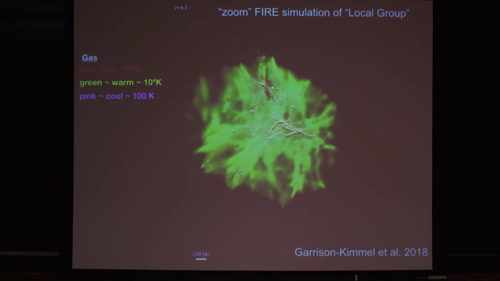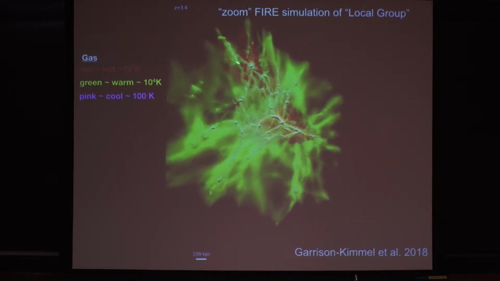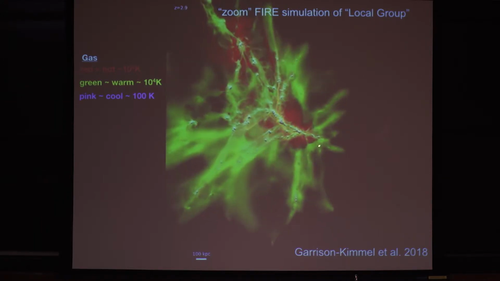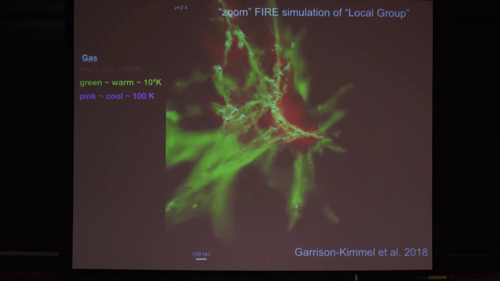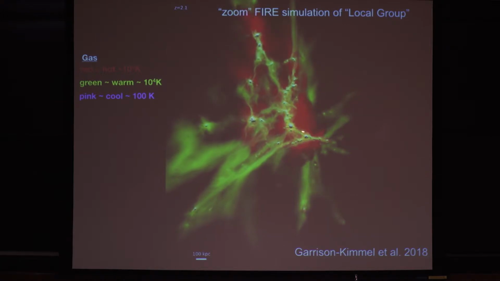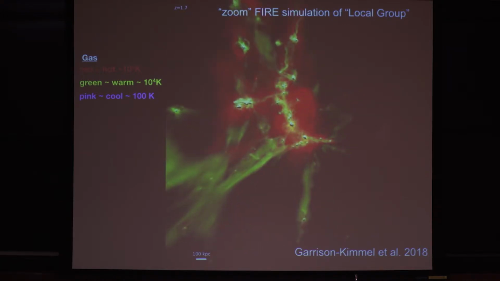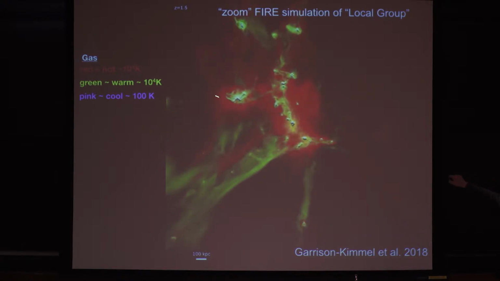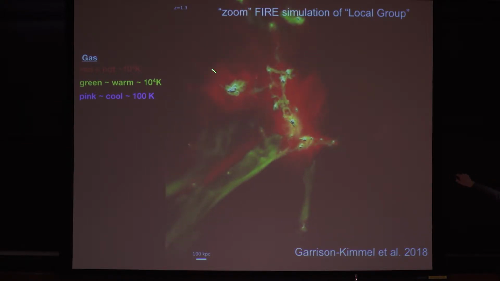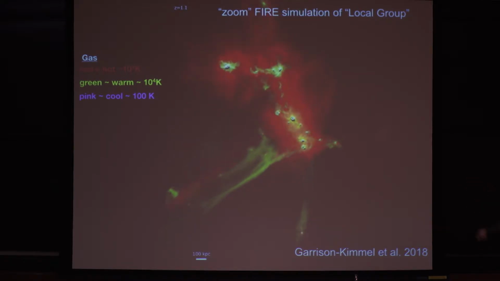Now look at the little dwarf galaxies start forming and blowing hot gas out as they form stars. They're generating these hot gas envelopes around them. If you focus, you can see supernovae going off and blowing gas around. That's going to be very important in the stuff I talk about later.